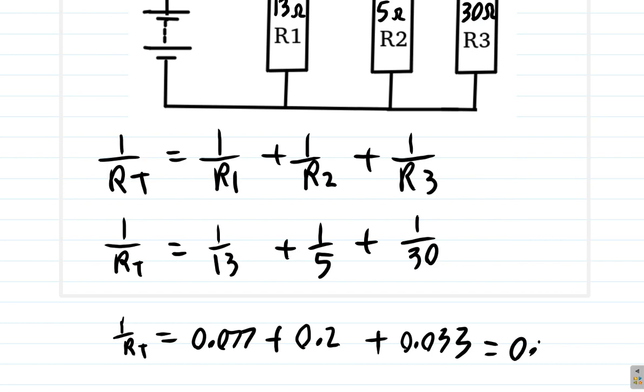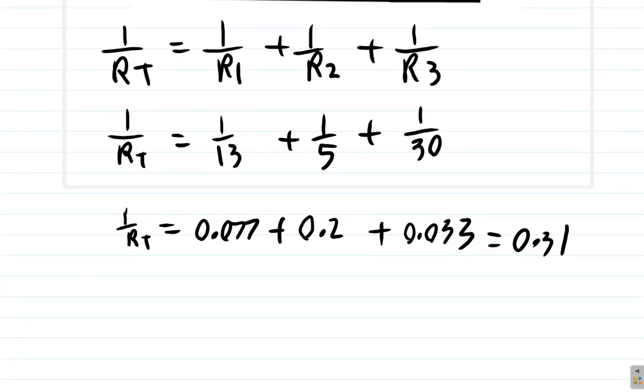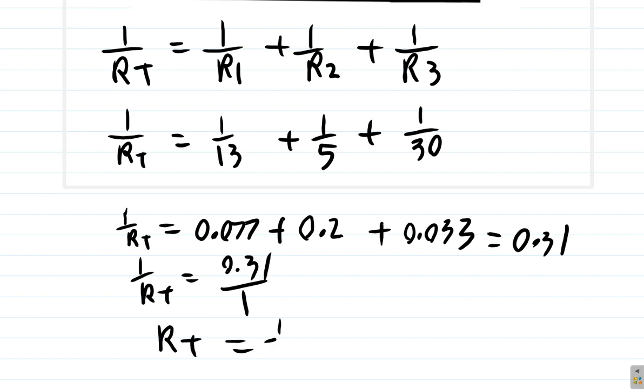Alright, 0.31. Then remember, this is saying 1 over RT is equal to 0.31 over 1. When you find the reciprocal of both sides, you'll find that RT over 1 is equal to 1 over 0.31.